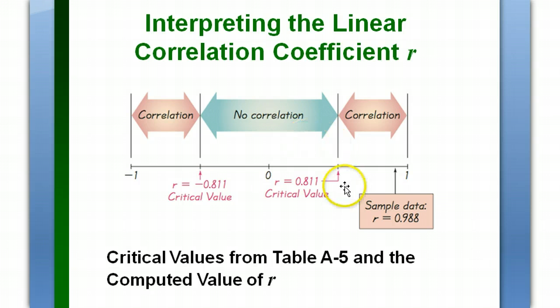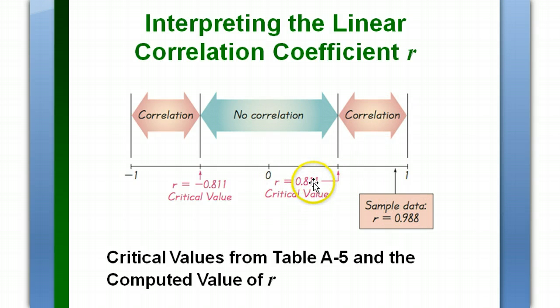Had it been below that value, that 0.811, anything between there and negative 0.811, we would say there's no linear correlation. And then again, if it had been a negative correlation, meaning that as the price of pizza went up, the cost of a subway ticket went down, if it had been there, then we would conclude there's correlation. But ours was positive, so we're above 0.